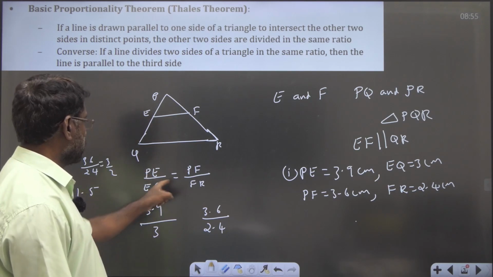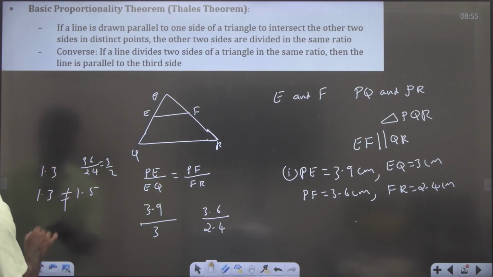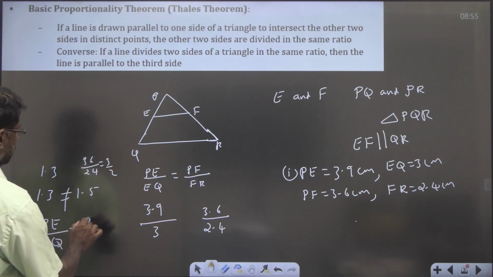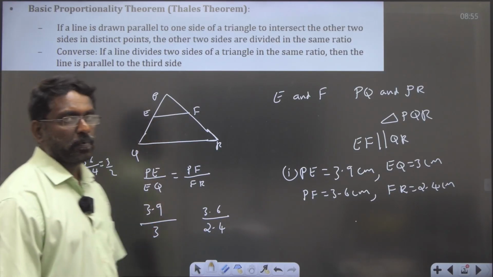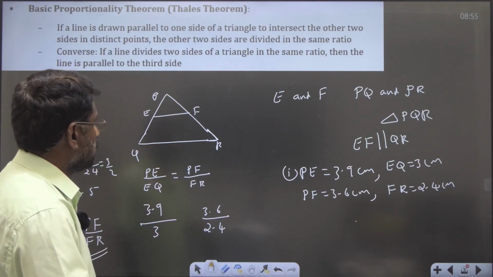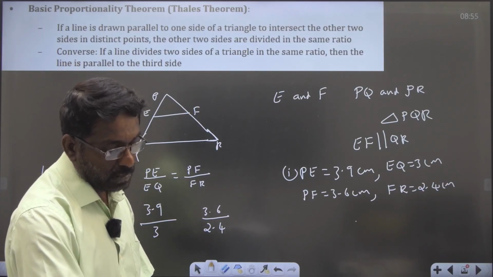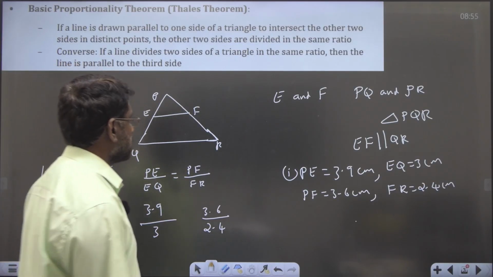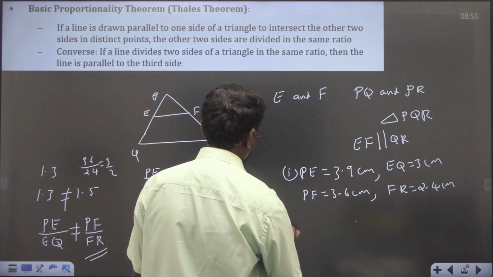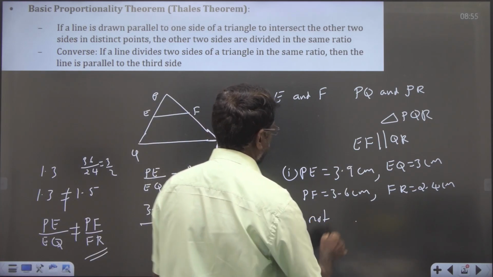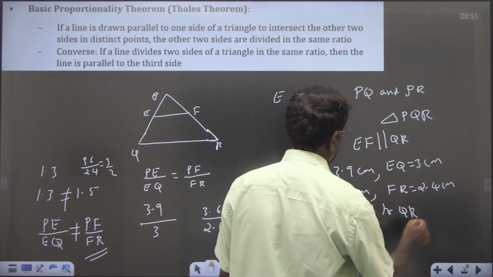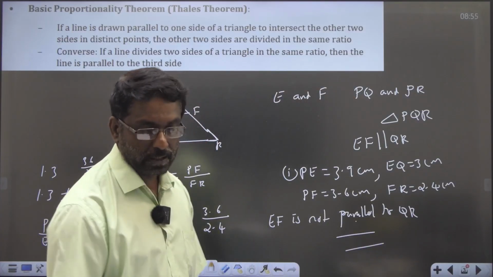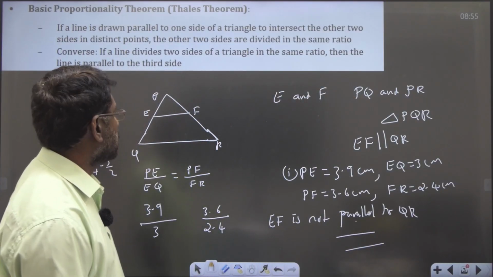PE by EQ is not equal to PF divided by FR. So the basic proportionality theorem fails here. Therefore, we can say that EF is not parallel to QR. This is the answer.